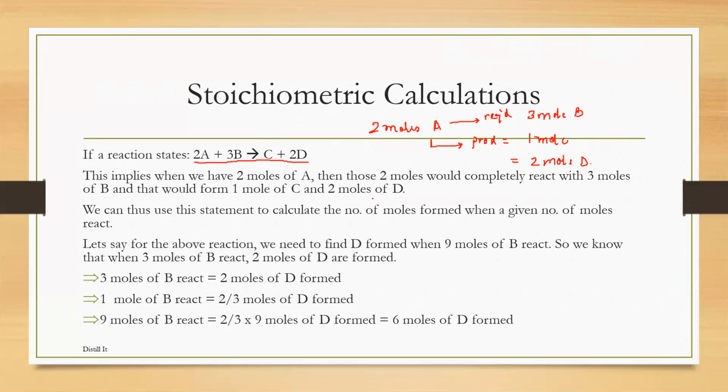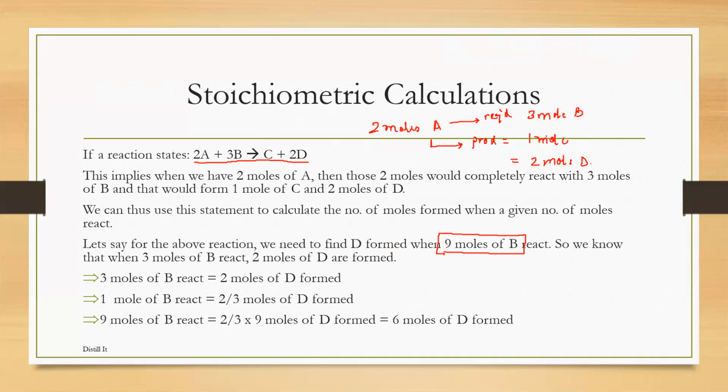Let us say for the above reaction, we need to find D formed when 9 moles of B are reacting.